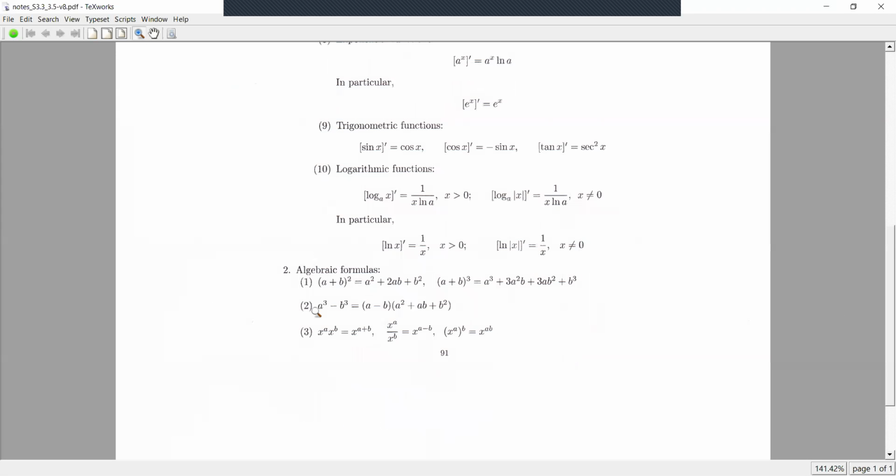X to a times x to b is x to a plus b. X to a, then the whole thing to b is x to a times b.